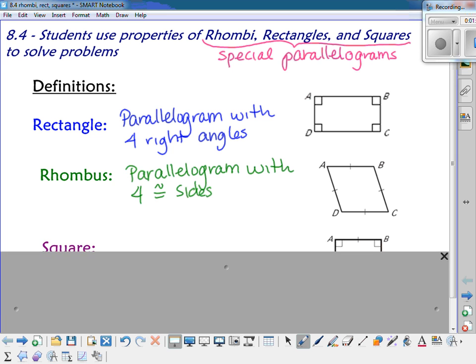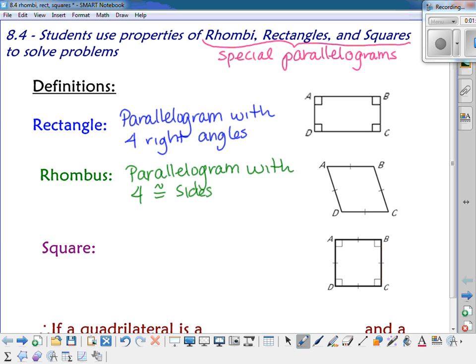And then finally, a square is a parallelogram with 4 right angles and 4 congruent sides.